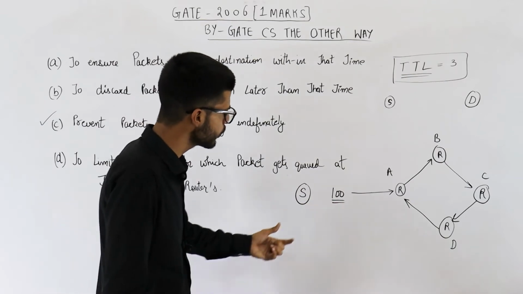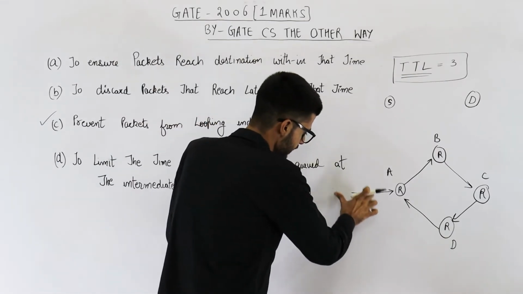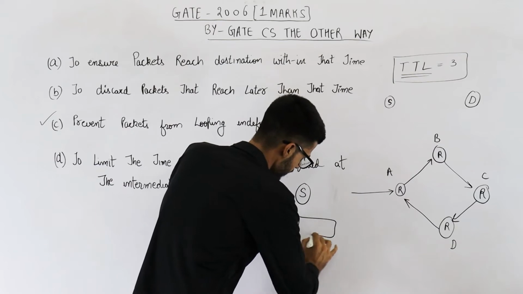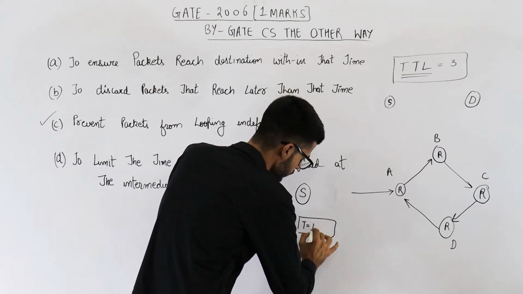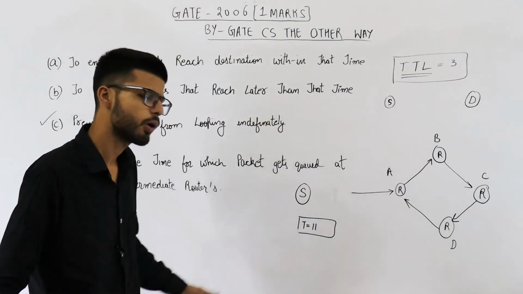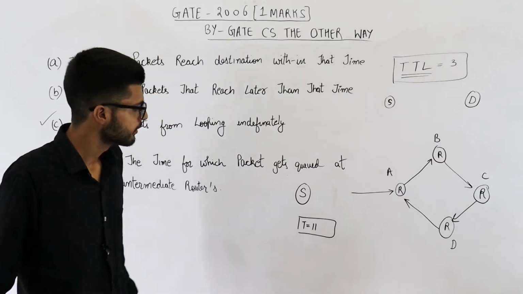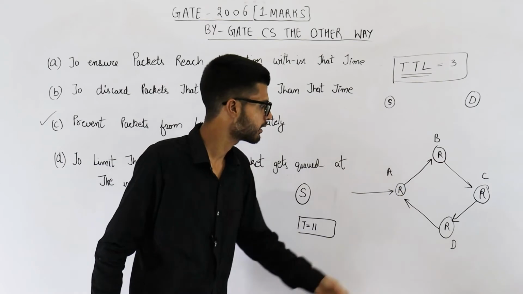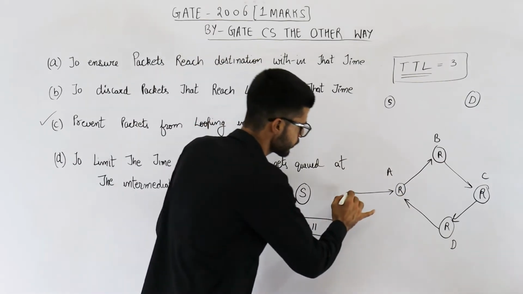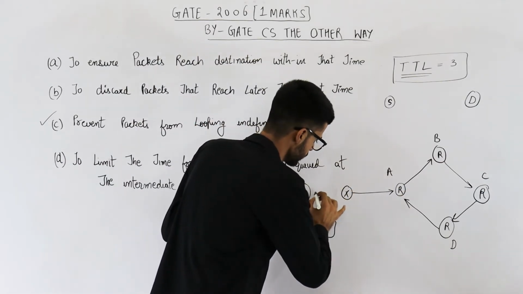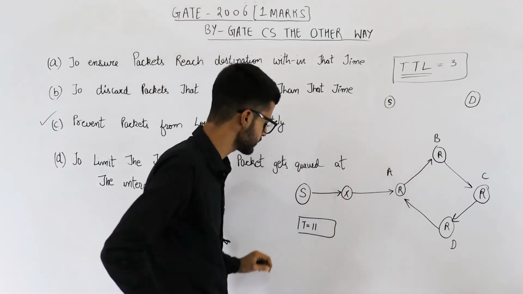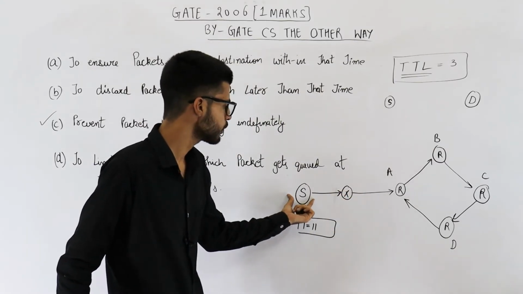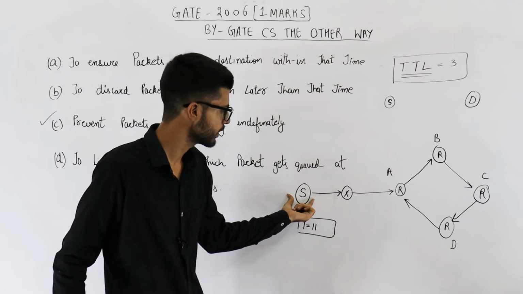It will just create a packet and say TTL is equal to 11. Or 10 maybe. Now, when this router will just receive that packet, suppose there was one more router in between, and say when this packet was created, TTL was set to 11.